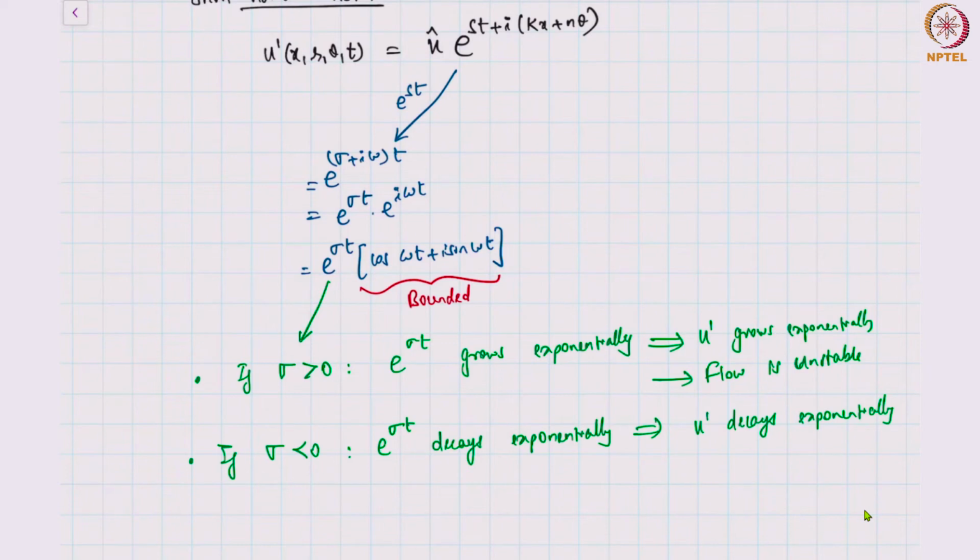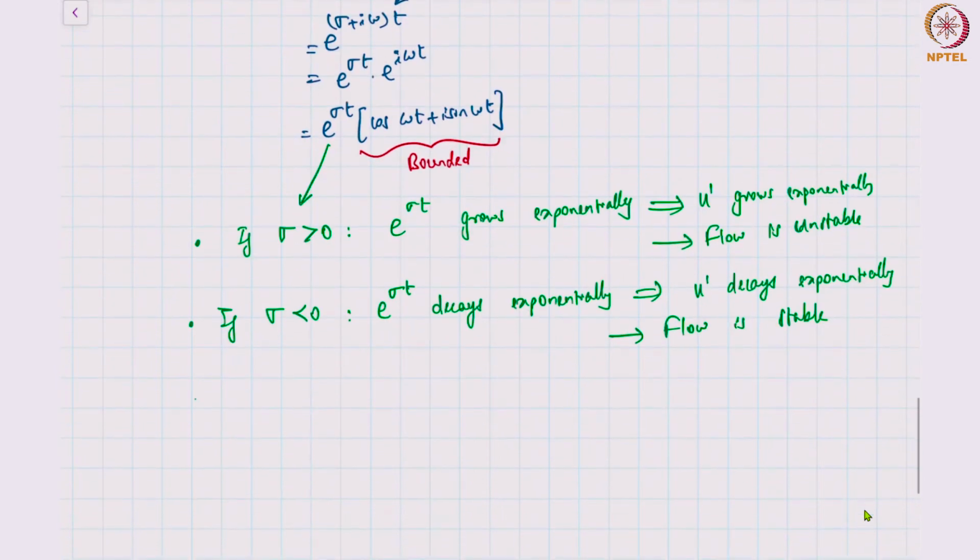Remember, it has to be for all possible values of k and n, the value of sigma that you calculate. Only then is the flow stable. But for the flow to be unstable, you just need one particular value of sigma to be greater than 0.